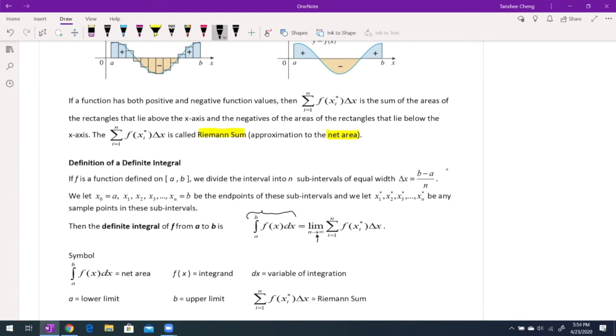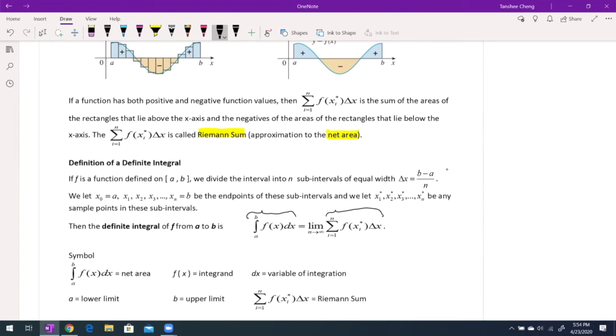That means there will be infinitely many rectangles, such that it will give you almost exactly the same area. So, the limit as n approaches infinity. Notice that your subintervals are infinitely many, and this is basically the Riemann sum, which is the net area under the curve on this particular interval.